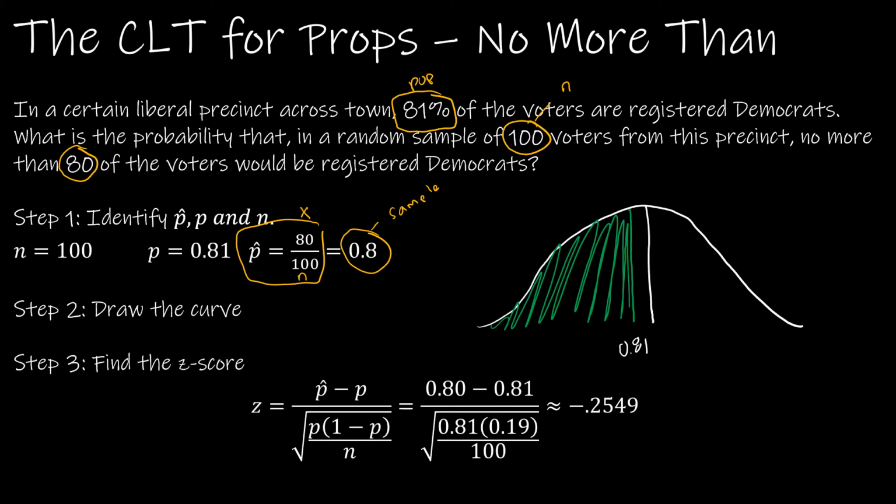So if the area to the left is 50%, and we've got some space here, obviously it's going to be less than 50%. So that's really a good way to think of it, just gives you a basic idea.